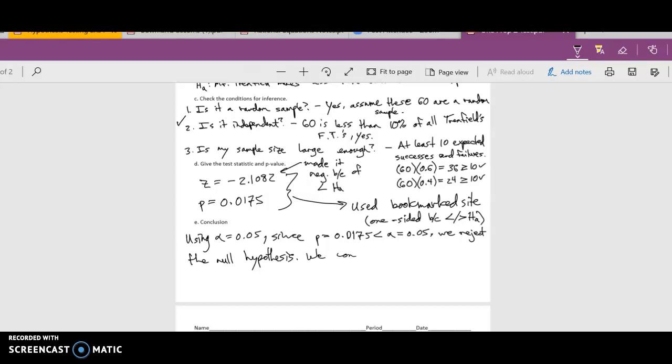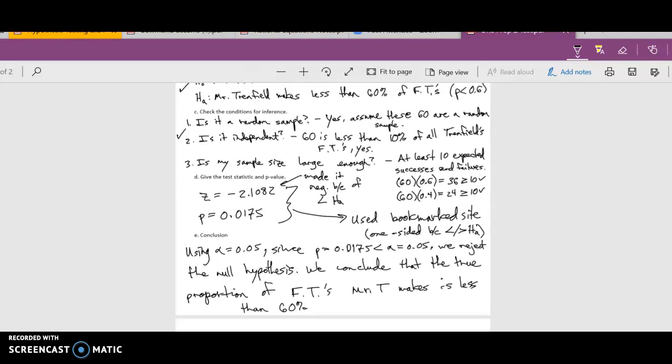So if the null is not true, then the alternative is. We conclude that the true proportion of free throws Mr. Trinfield makes is less than 60%.